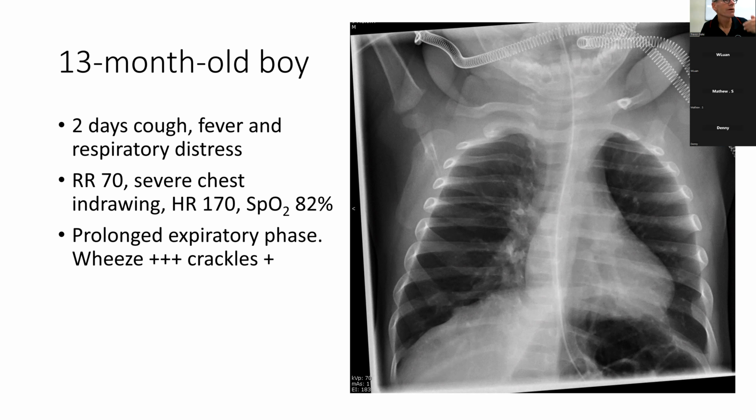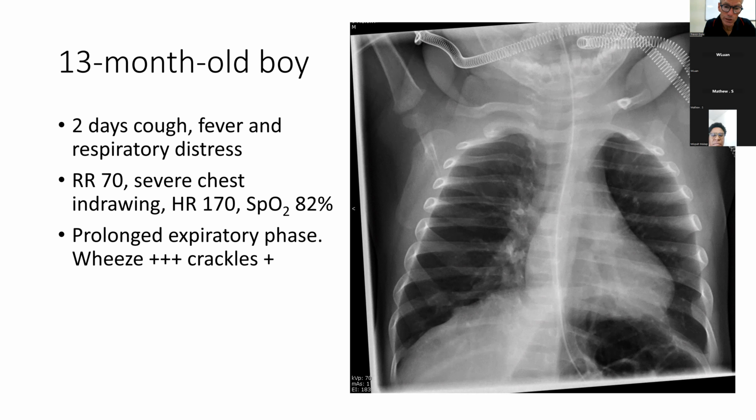If you hear an inspiratory wheeze, that usually means a different thing. If they've only got an inspiratory wheeze, then you're worried they've got some upper airway obstruction. If all you hear is an expiratory wheeze, then it's likely to be lower airways disease, the bronchi or the bronchioles. But this child also had crackles.